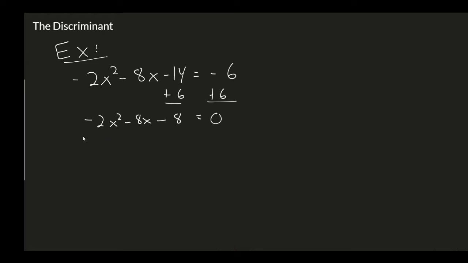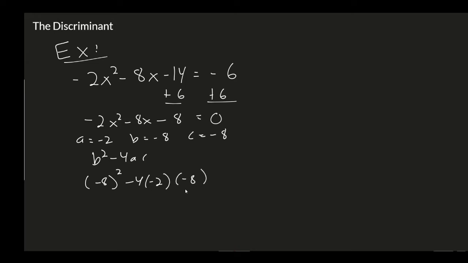And I can identify a equals negative 2, b equals negative 8, c equals negative 8. Recalling my discriminant, b squared minus 4ac, I get negative 8 squared minus 4 times negative 2 times negative 8.